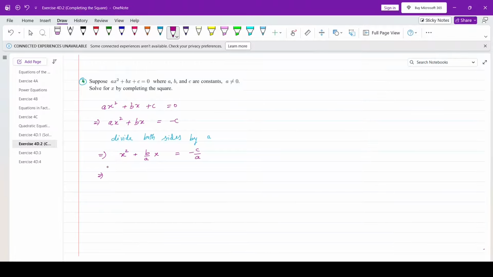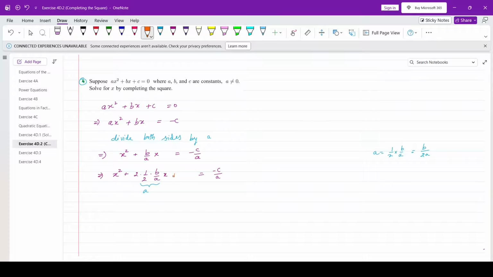Now we need to manipulate this equation. That is going to be x² + 2 times 1/2 times (b/a)x = -c/a. Now we know this part is a, so a is equal to 1/2 times b/a, or we can say b/2a.